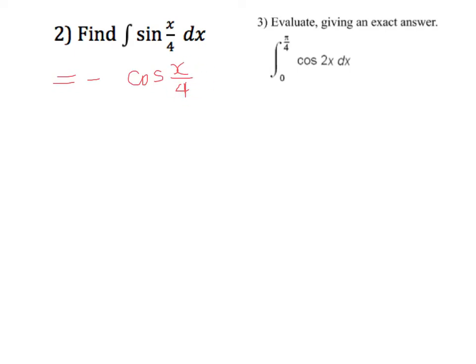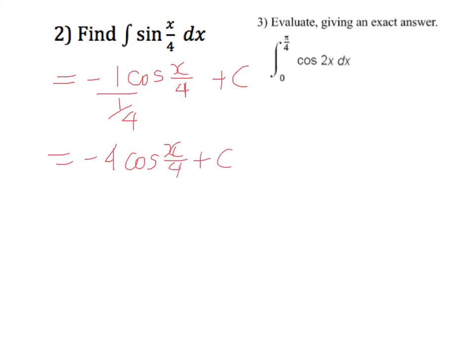So we're dividing by a quarter, and plus c. But really, when you're dividing by 1 on 4, it's timesing by 4 on 1. So it's going to be negative 4 cos x on 4 plus c.